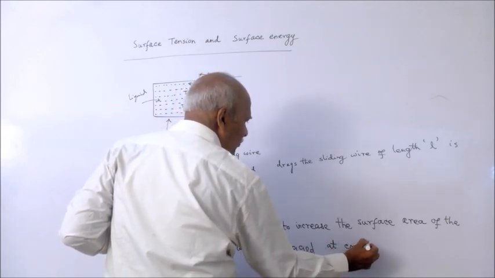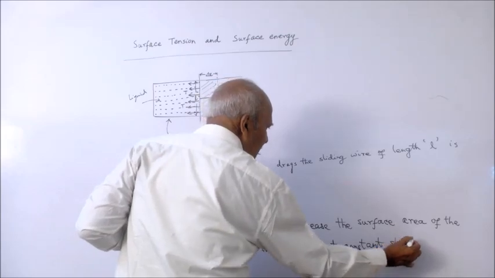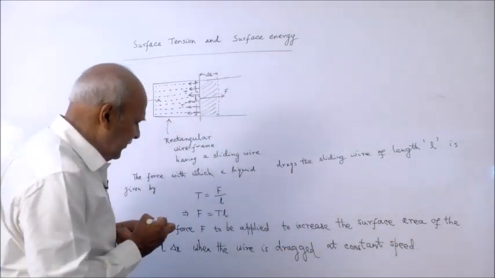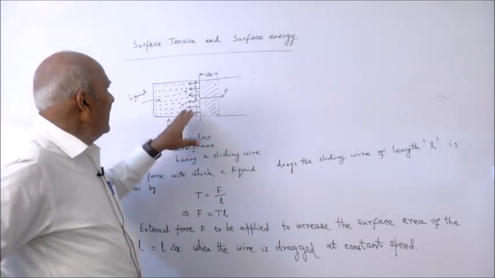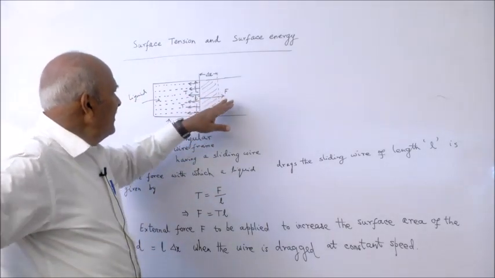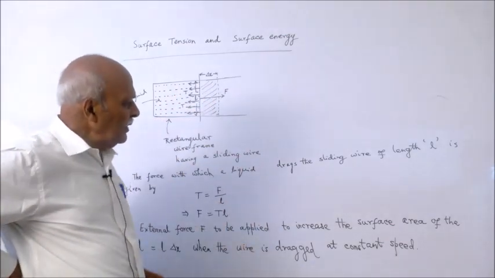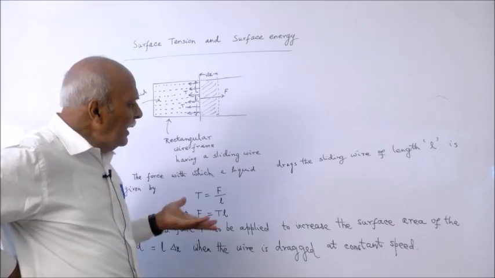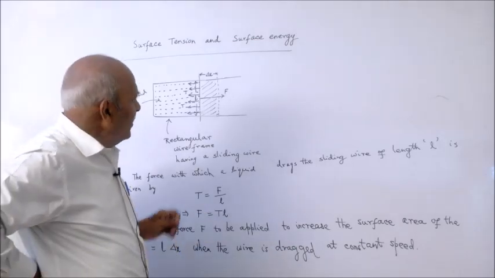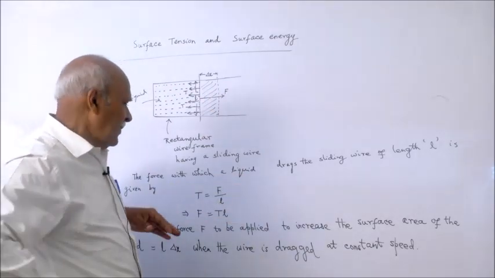You see, when it is constant speed, then the acceleration on it is 0. We can in general write say F dash. So, F dash is equal to F, then only the net force will be 0 and acceleration will be 0 and the speed is constant. So, if we drag it with constant speed, then these conditions are satisfied.